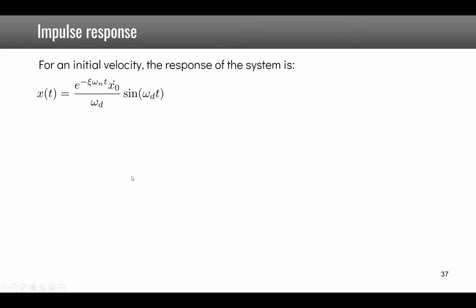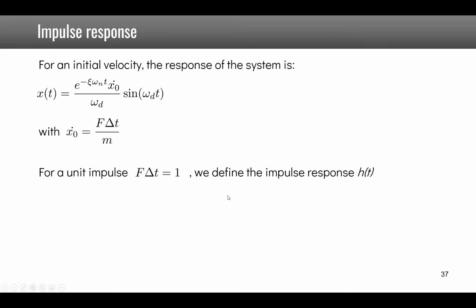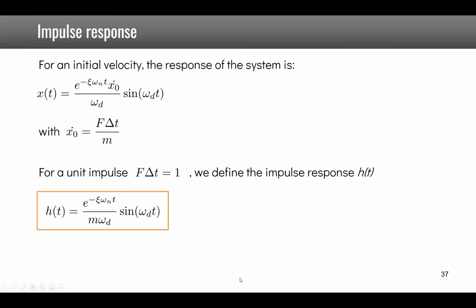So for an initial velocity, we know that the response of the system is in that form, so it will be a sine function. By replacing this initial velocity by the value of the impulse, and by defining the impulse response as the response when F delta t is equal to 1, then we can get to the value of the impulse response, which is given by an exponential decaying function times a sine function divided by m omega d.